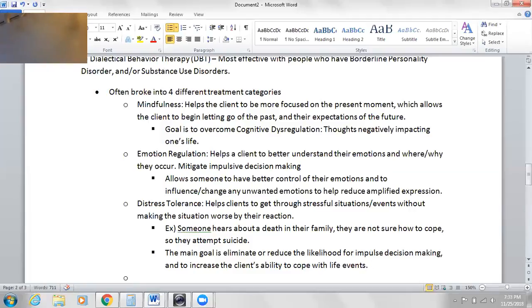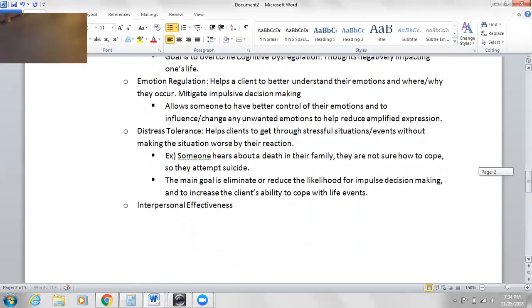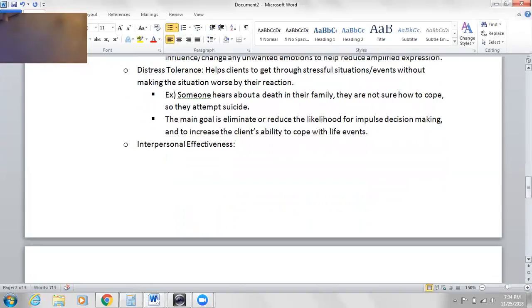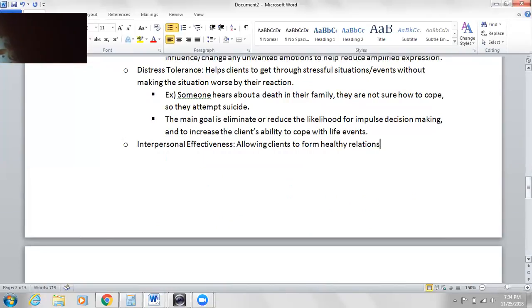Which leads us to the fourth one, which is interpersonal effectiveness, or their ability to develop relationships with someone. So interpersonal effectiveness involves allowing clients to form healthy relationships with other people.